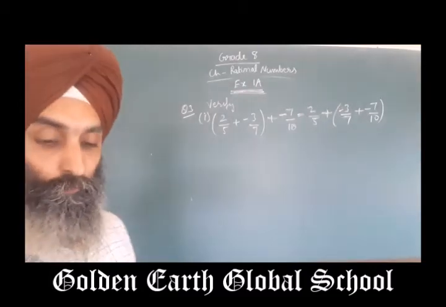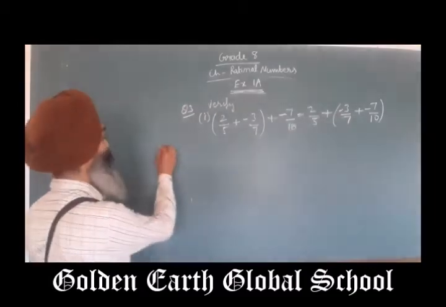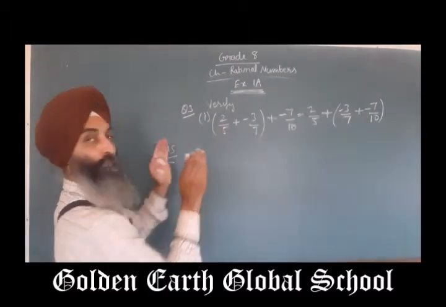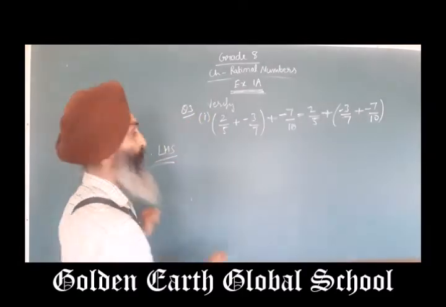Here again you have to verify whether the left hand side is equal to the right hand side. So we will solve the left hand side because it is in one bracket. We have to solve the first bracket.